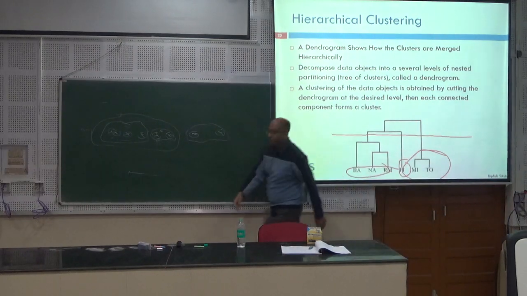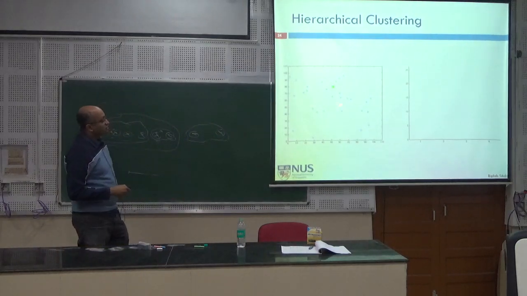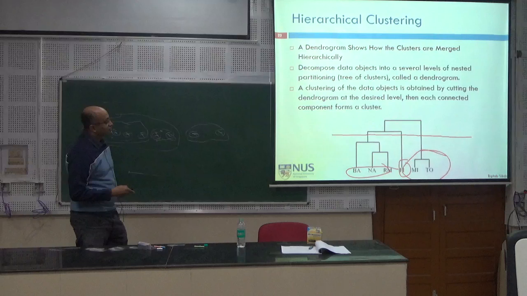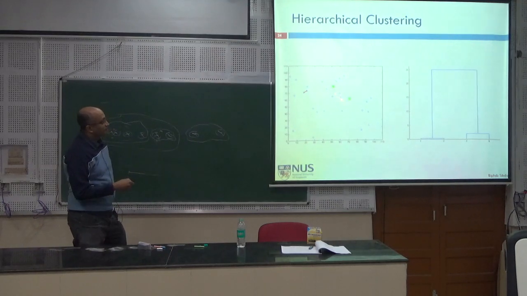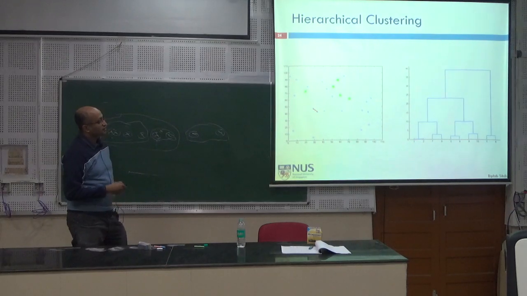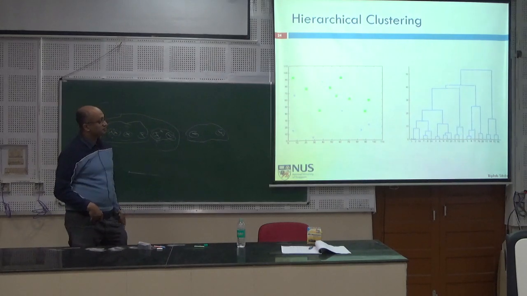So let's take an example of how this works with an animation. Hopefully that will work. So this is my initial data. I'm calculating the distance from everybody. Whenever the closest 2, I'm just grouping them together. So these 2 are the closest. These 2 are the closest. These 2 are the closest, and so on. For every cluster, I figure out who's the closest.